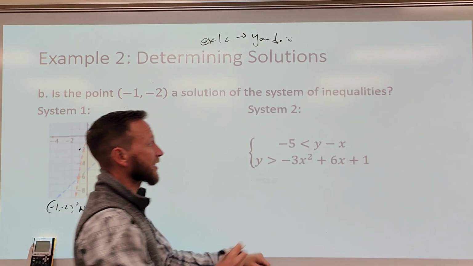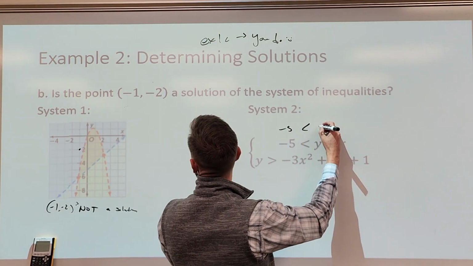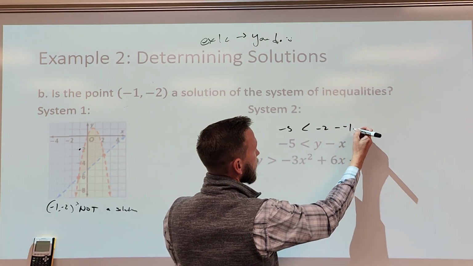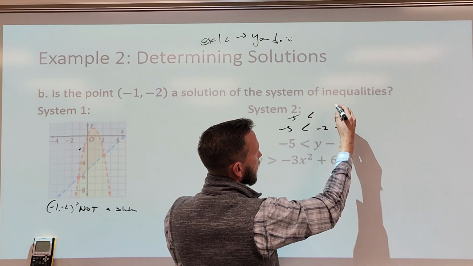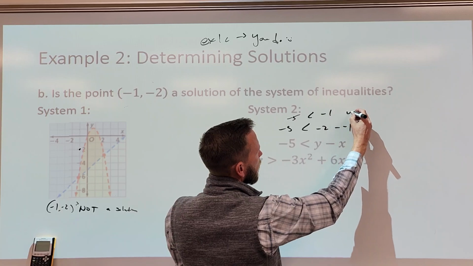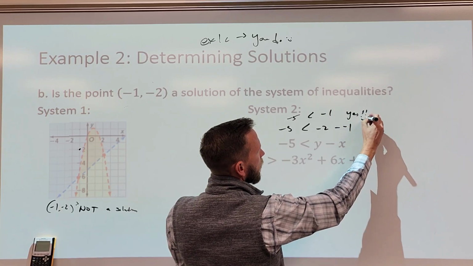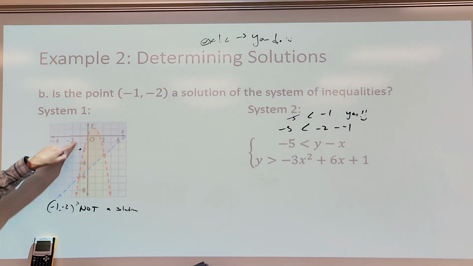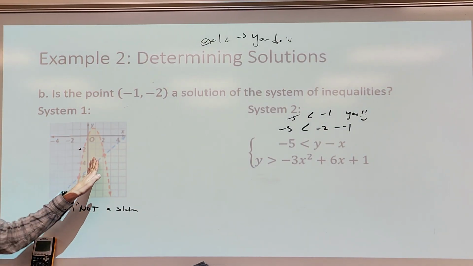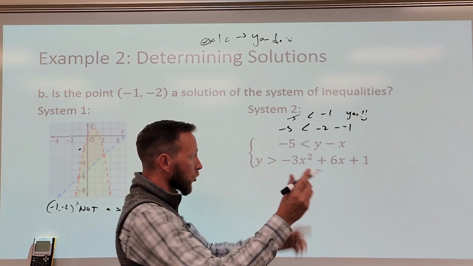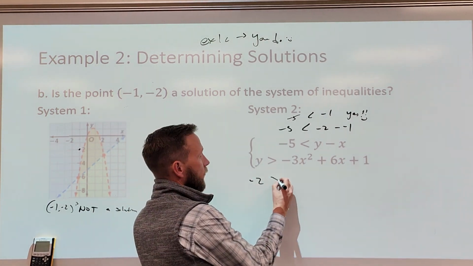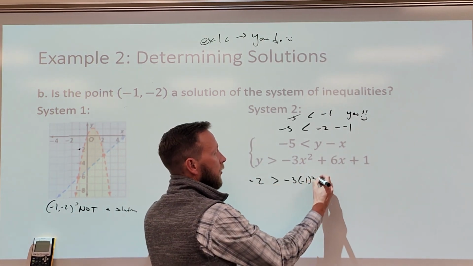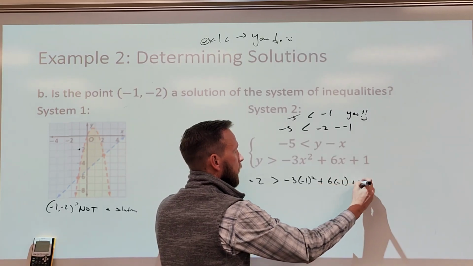Does it work with this second system? Is -5 less than -2 minus -1? Is -5 less than -1? Yes, it is. So that works for the first one. Does it work for the second one? Here we saw the point worked for the line, but it didn't work for the parabola. Here it works for the line. Does it work for the parabola? Is -2 greater than -3 times -1 squared plus 6 times -1 plus 1?